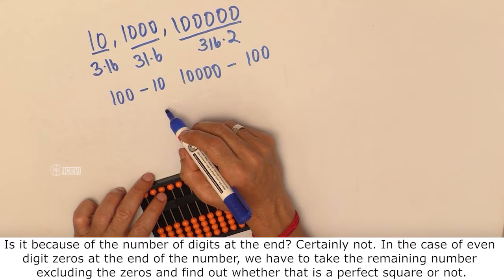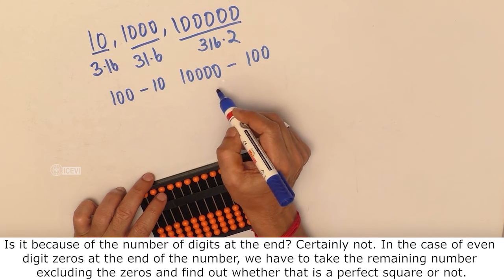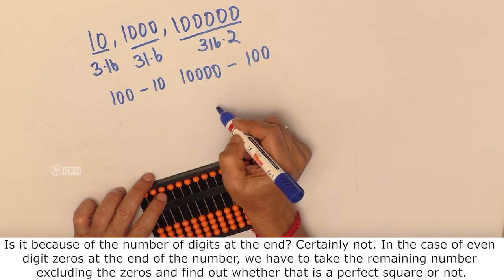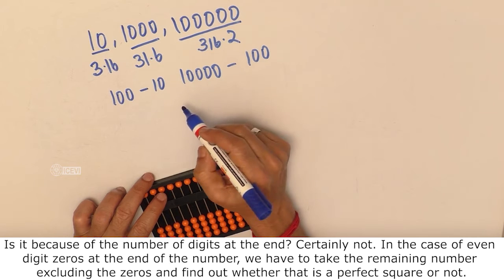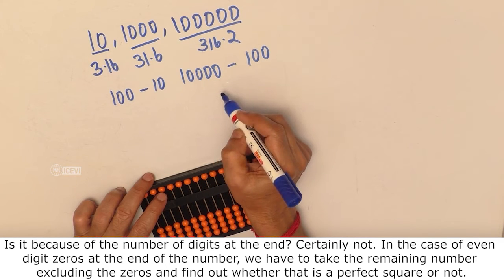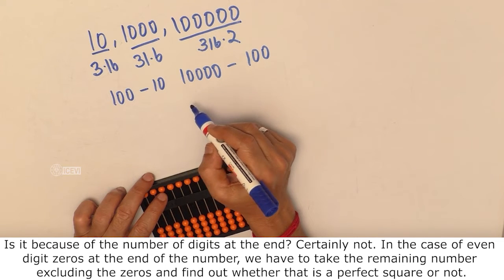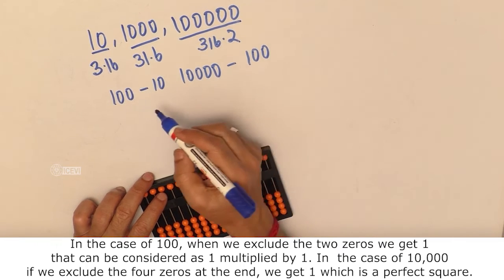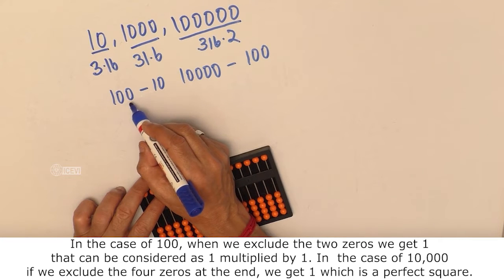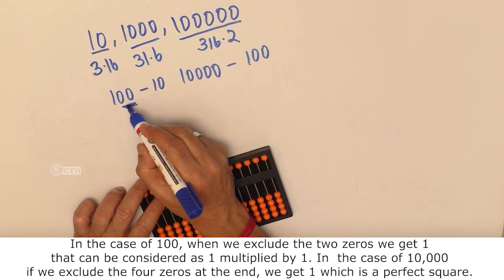Certainly not. In the case of an even number of zeros at the end of a number, we have to take the remaining number excluding zeros and find out whether that is a perfect square or not. In the case of 100, when we exclude the 2 zeros, we get 1.